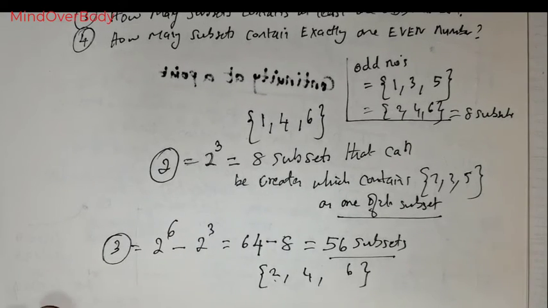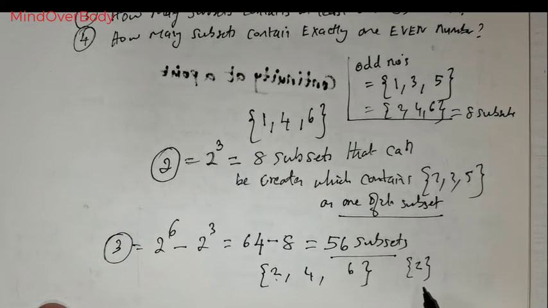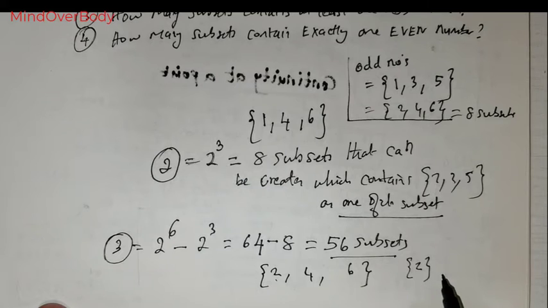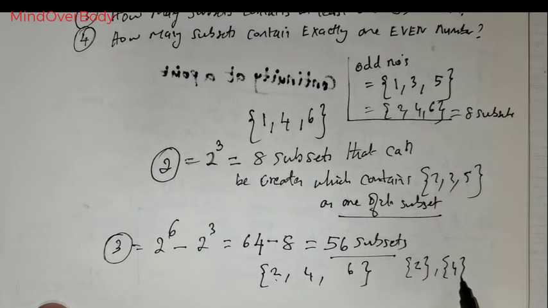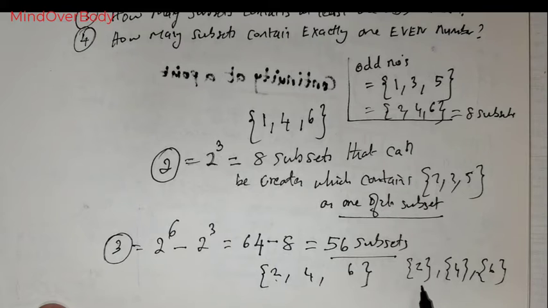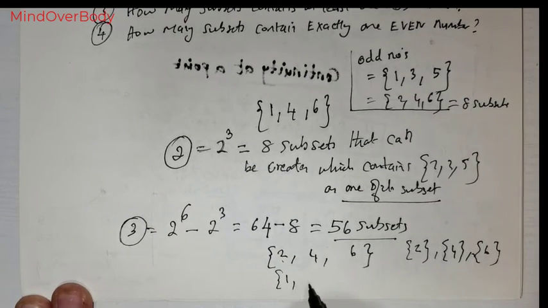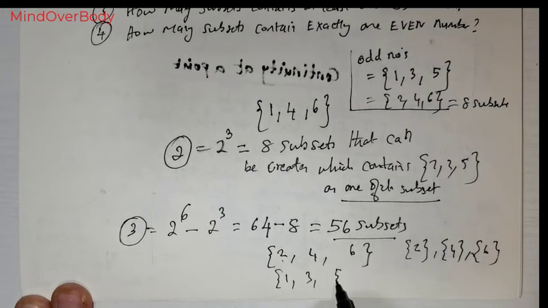Say for example, if I were to take the set {2}, it has an even number. If I were to take the set {4}, it has an even number. If I were to take the set {6}, it has an even number. So we can create an even number set in this fashion, but we can also create such sets using the odd numbers 1, 3, 5.